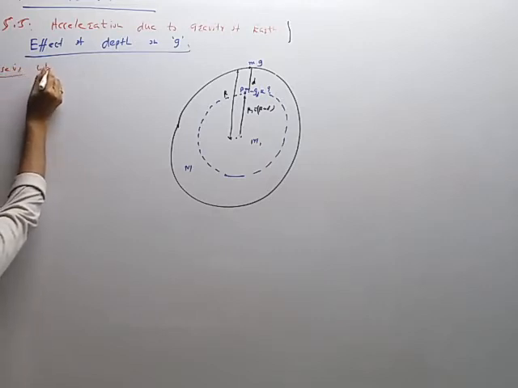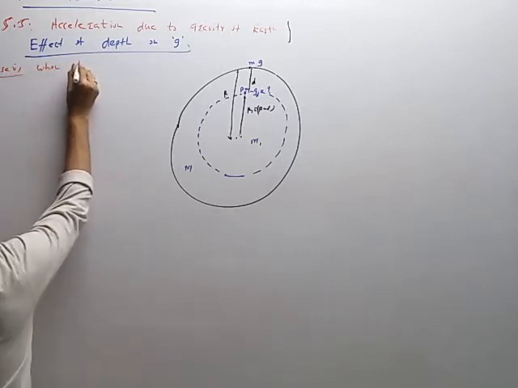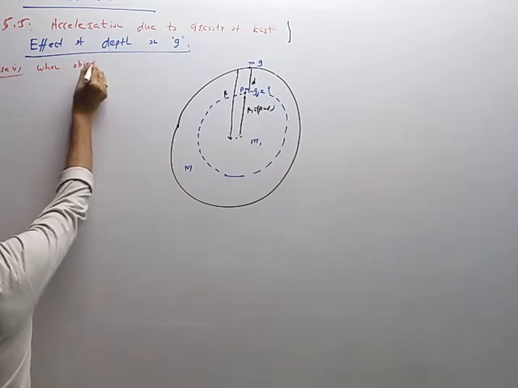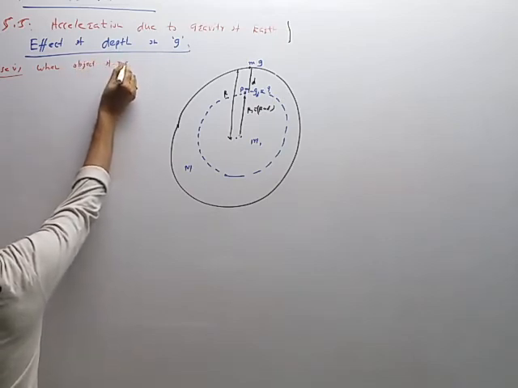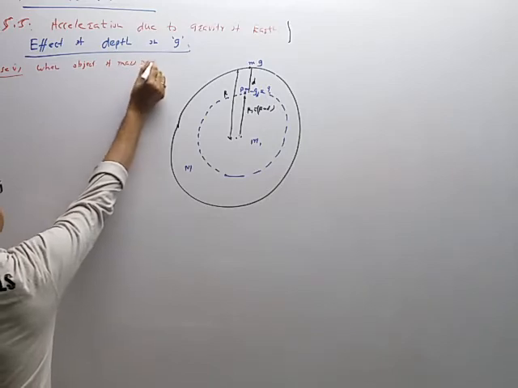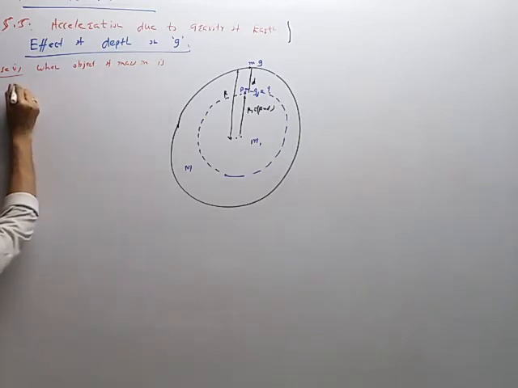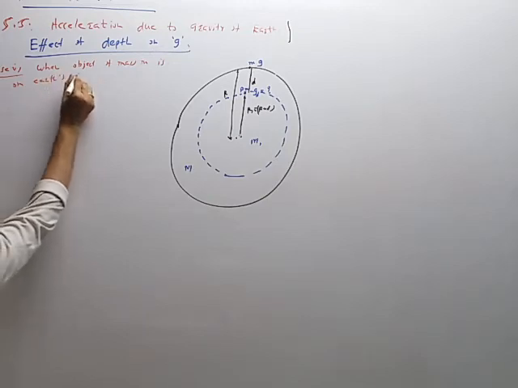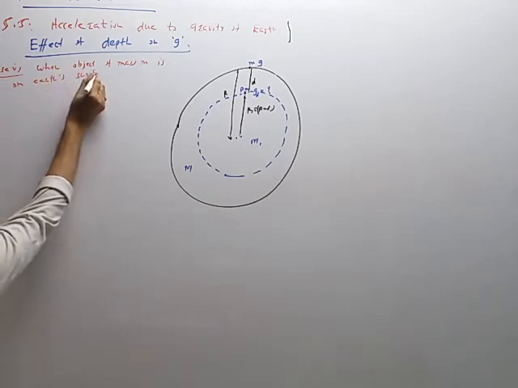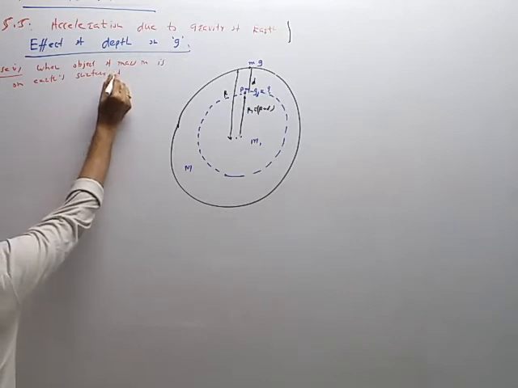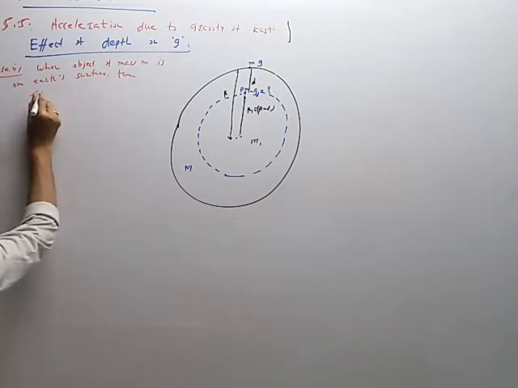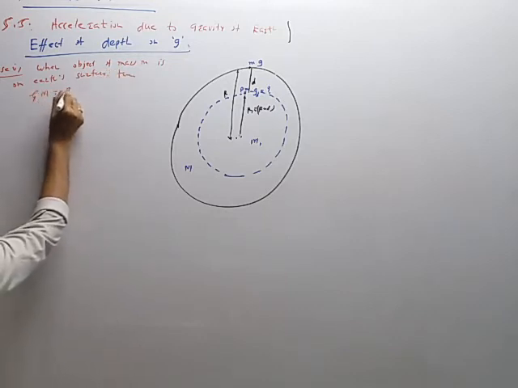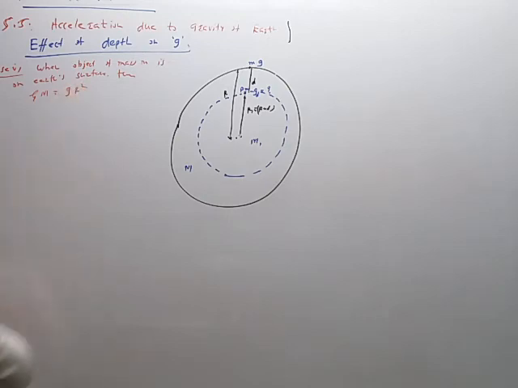So case number 1. When an object of mass m is on the Earth's surface, then gm is equal to g r square.